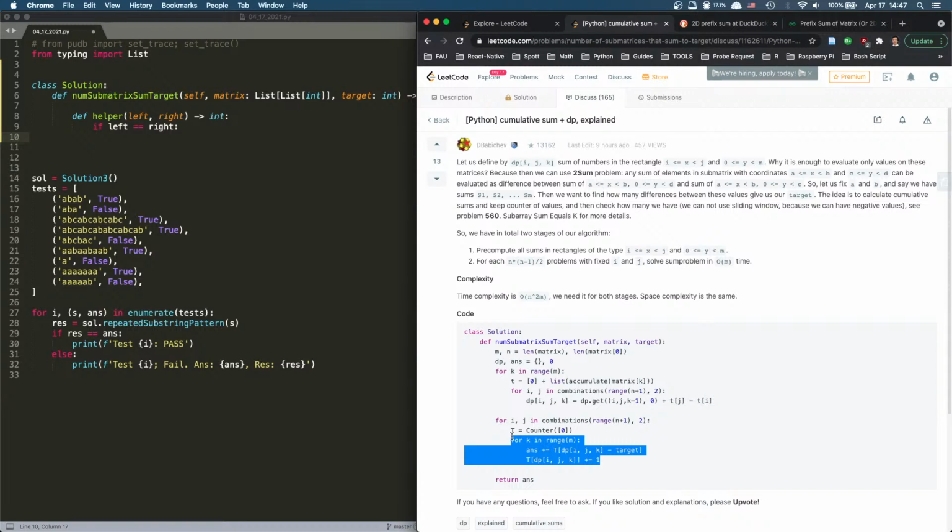Which means we use this minus k, and see if that value is inside, if we have this value. Yes, if they have the value in this.